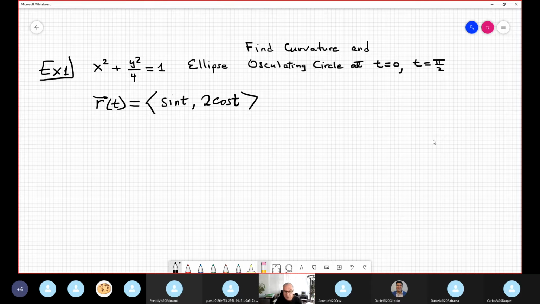Now remember the formula for the curvature. The formula for the curvature, kappa, is the magnitude of r prime cross r double prime divided by the magnitude of r prime raised to the cubic power.